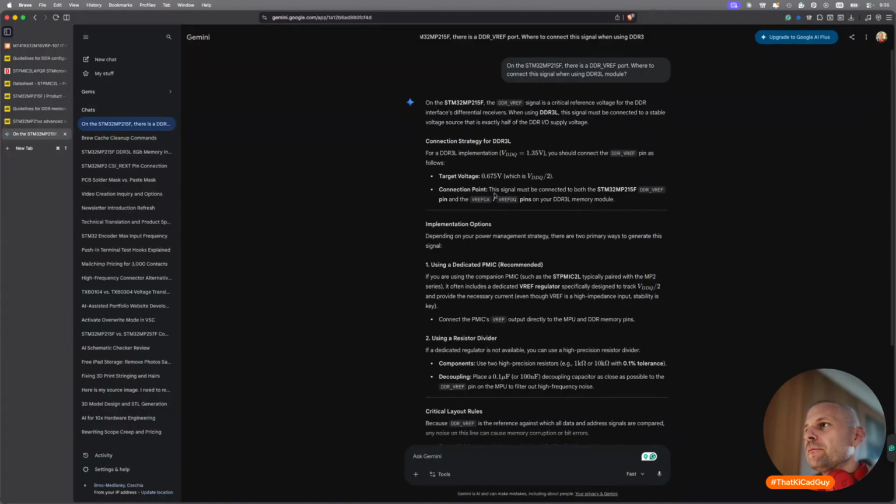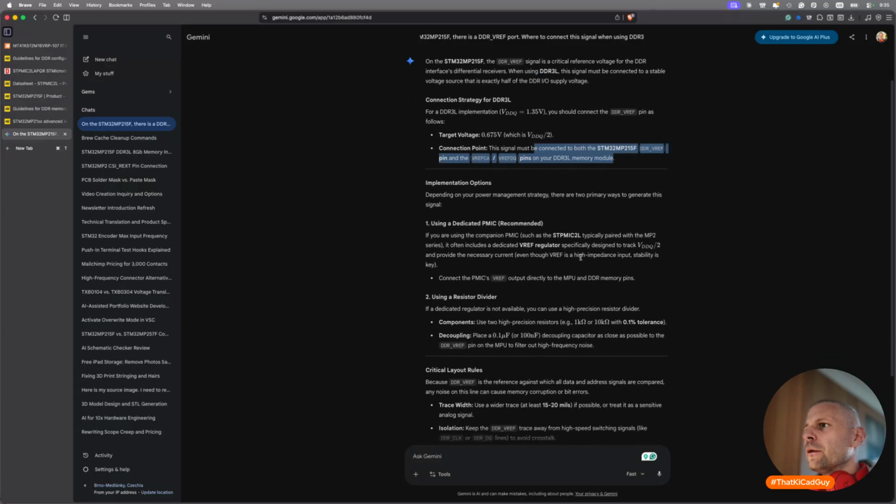Connection strategy. Target voltage is half of the VDD. Connection point. The signal must be connected to both VREF and VREF-CA. Okay, it means that there is an internal divider or a device that halves the VDD in halves. Okay. Decoupling cap, okay.